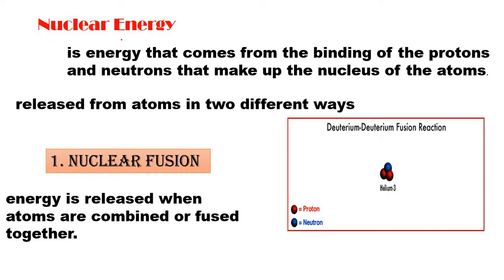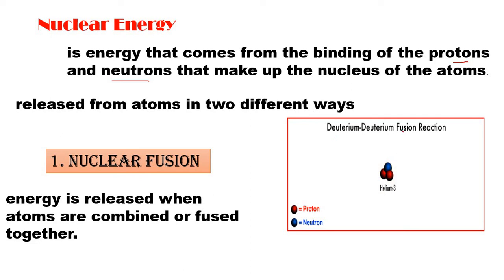So we can define nuclear energy as the energy coming from the binding of protons and neutrons. The nuclear energy is released from atoms in two different ways. The first way is known as nuclear fusion. In nuclear fusion, energy is released when atoms are fused, or combined.